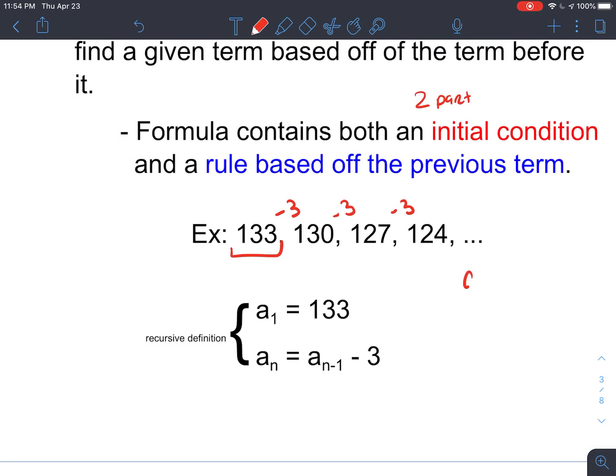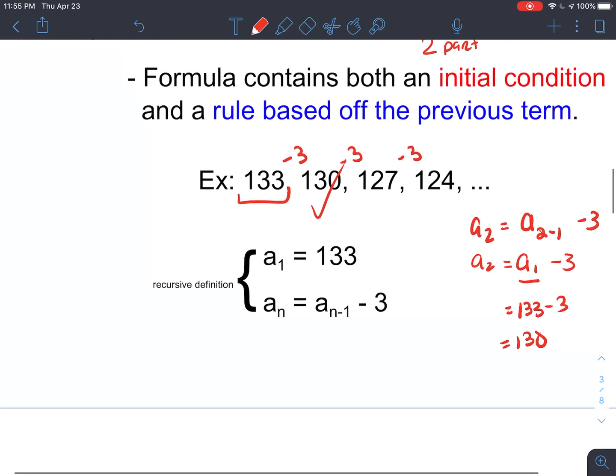Okay, so if I wanted to see how this works, if I wanted a sub 2, well, really, what am I doing? I would take a sub 2 minus 1 and subtract 3. Well, 2 minus 1 is a 1. So for the second term, I would take the first term and subtract 3.